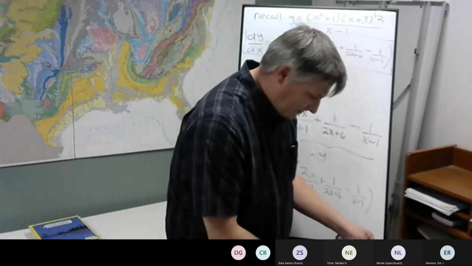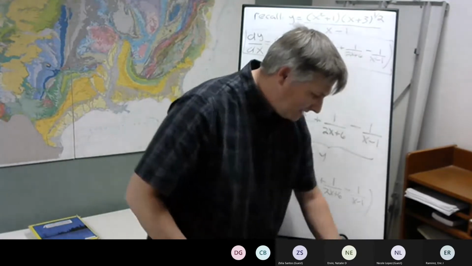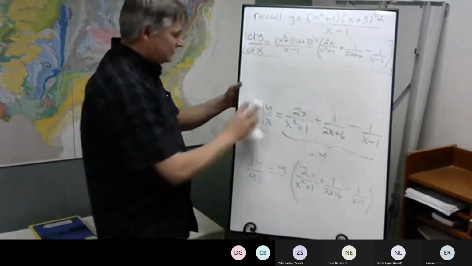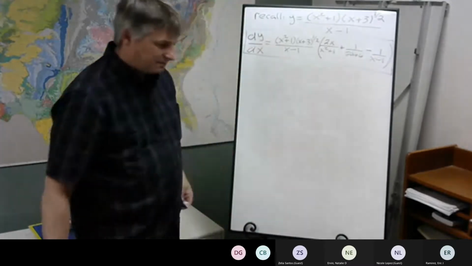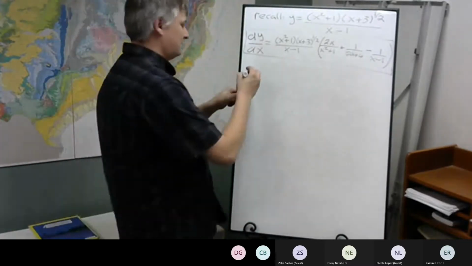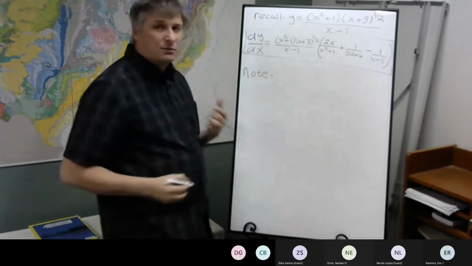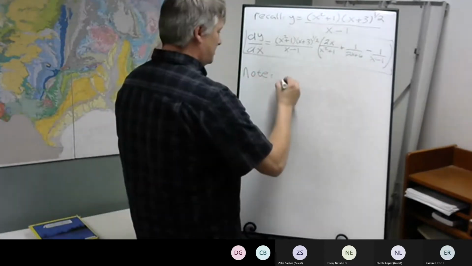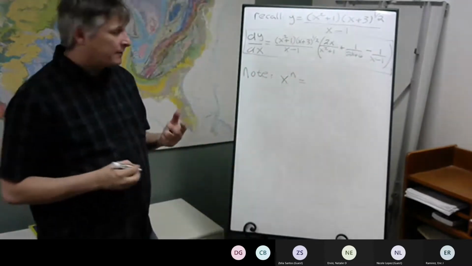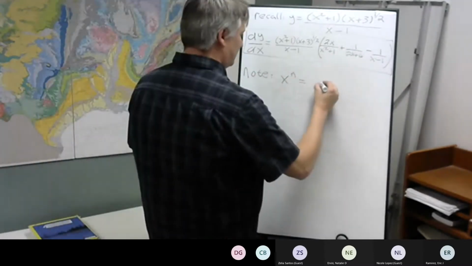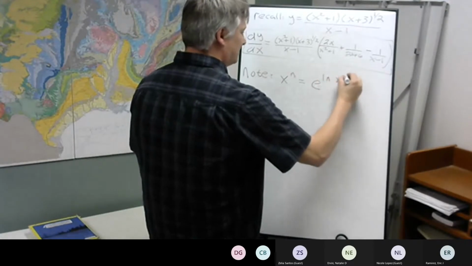So what we're going to look at is a stronger verification of the derivative of x to a power. We're going to use this trick. So starting out with this, we can write it as e to the natural log of x to the n.